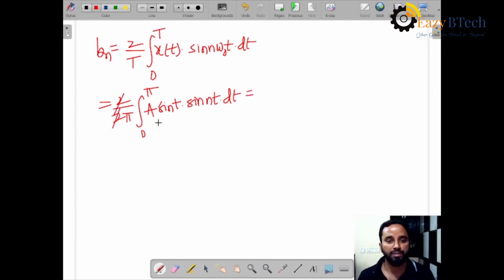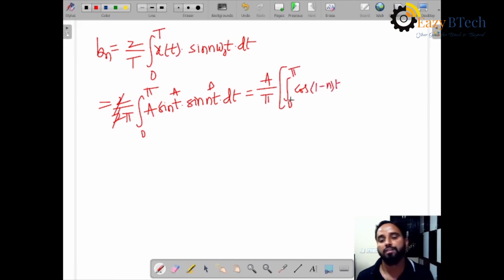It is like the trigonometric formula sine a sine b. So what is the trigonometric formula sine a sine b? a by pi integral 0 to pi cos a minus b, so cos 1 minus nt, right? Here a is the t, b is the nt, so t common, 1 minus n, minus cos a plus b, 1 plus nt divided by 2, so that I am writing outside, dt.